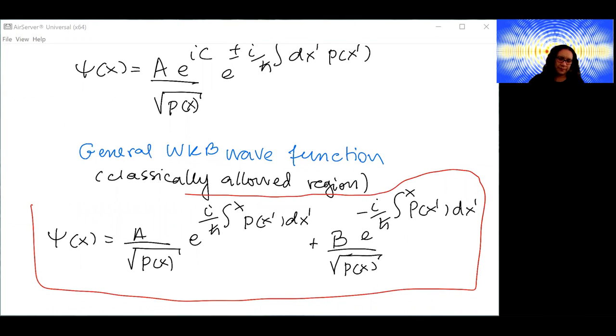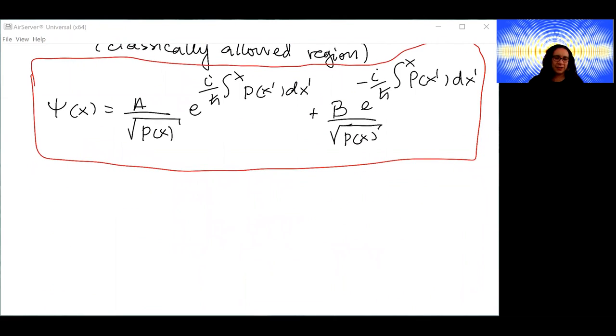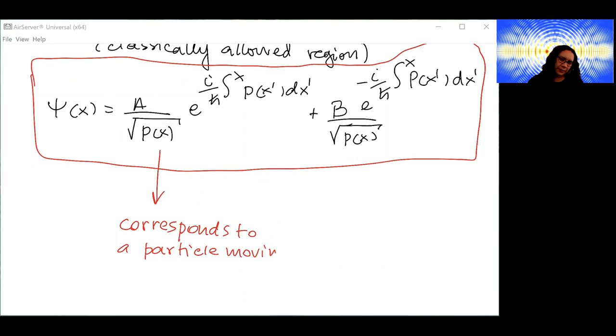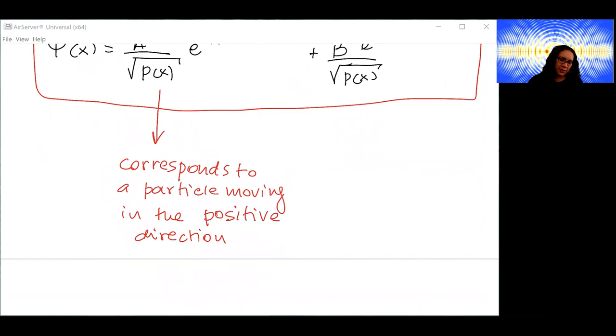So this is nice. We have a solution. And by an analogy which we can make with what we know from a square well and from these idealized potentials, we can say that this first solution corresponds to a particle moving in the positive direction, meaning growing values of x.